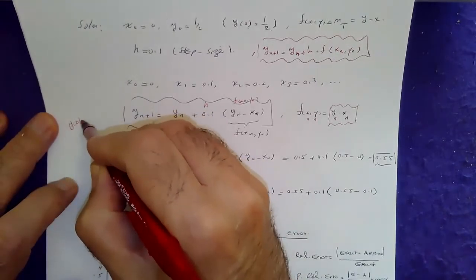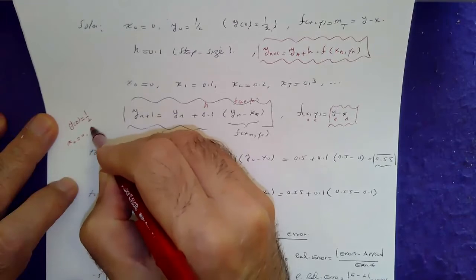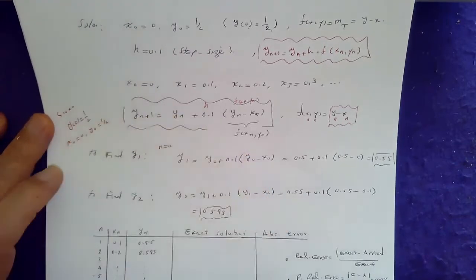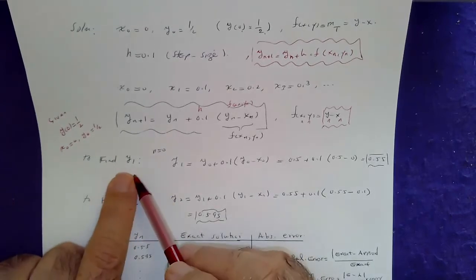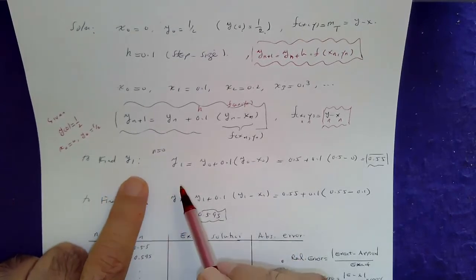So we know what? y sub 0 is equal to 1/2. So that means x sub 0 is 0, y sub 0 is 1/2. So this is given. But based on that, I'd like to evaluate the next value, y1.